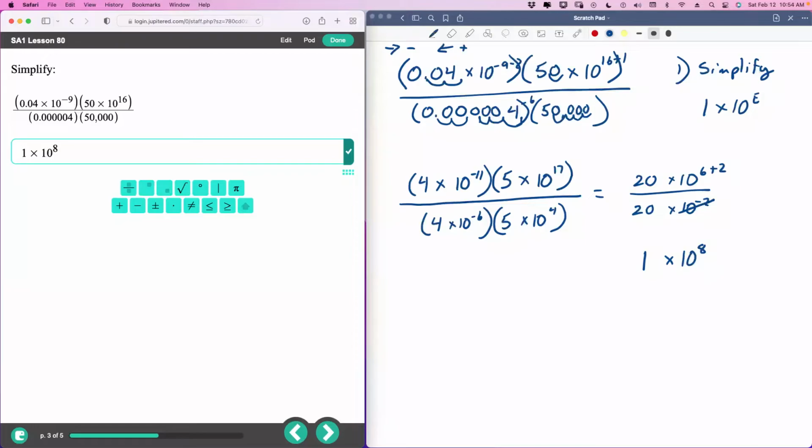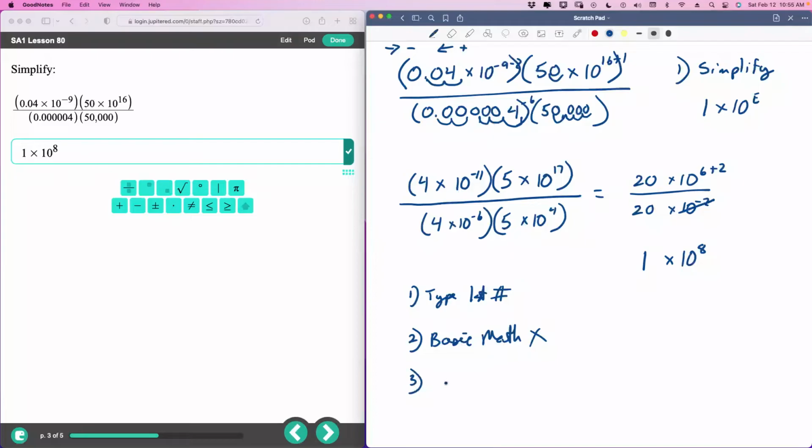All right. Just remember when you type in your formula or your scientific notation to type the first number, get the x from the basic math, type the 10, then get the exponent from the algebra keyboard.